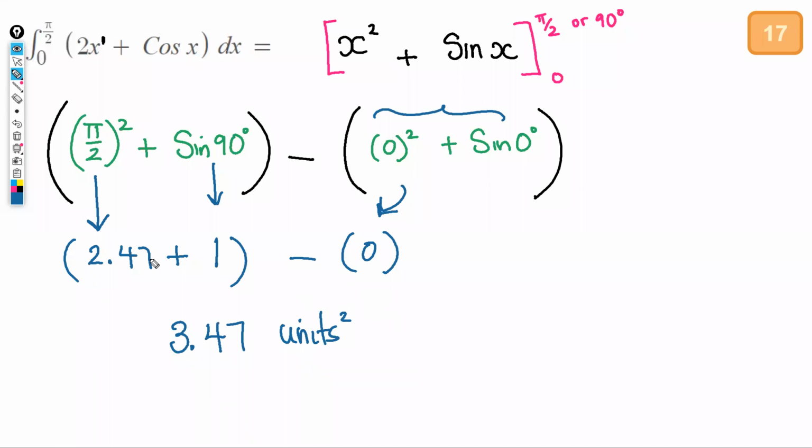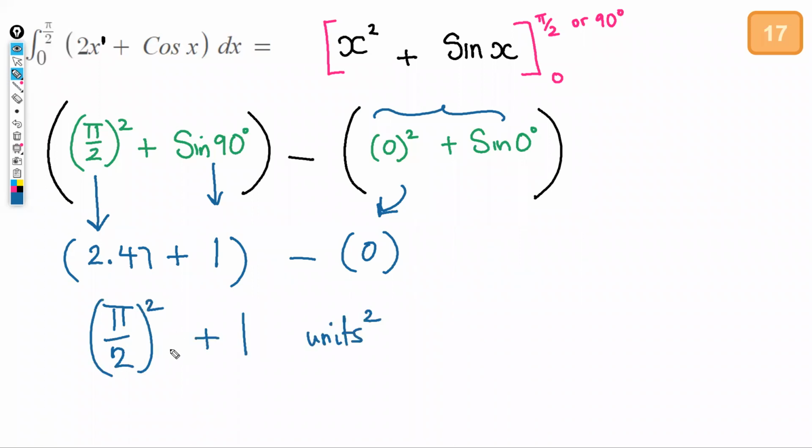Well, if you want to leave this as pi squared on 4, right? Or, nah, I think you should work that out. Think about what you would want to see in your final answer. If you leave it as pi on 2 squared plus 1, I don't see the examiner making a big fuss out of that.